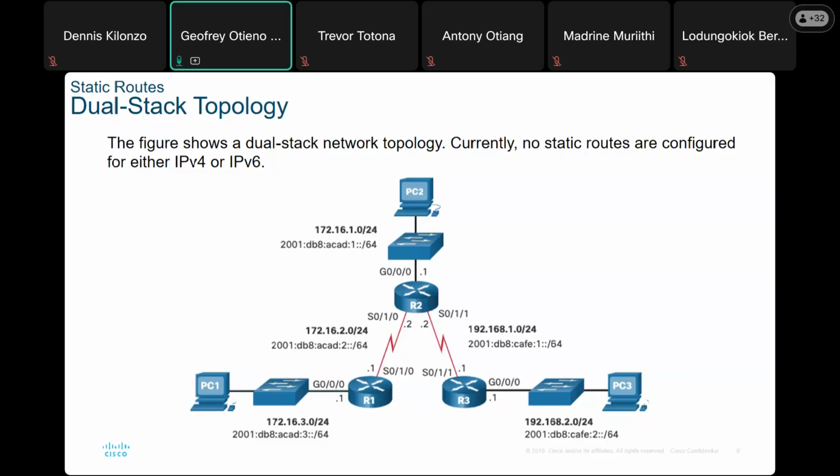Yes, there are 2. Correct. The LAN of R1, that is 172.16.3.0, and the LAN of R3, 192.168.2.0. They're not directly attached to R2.